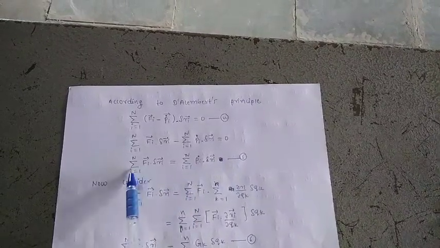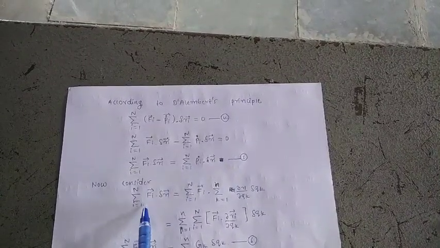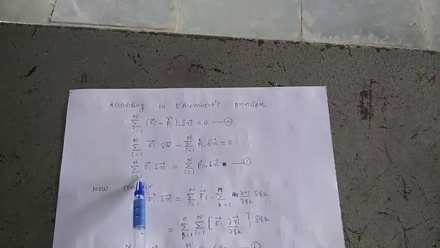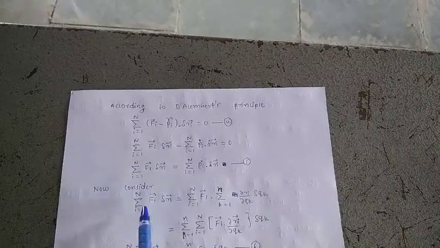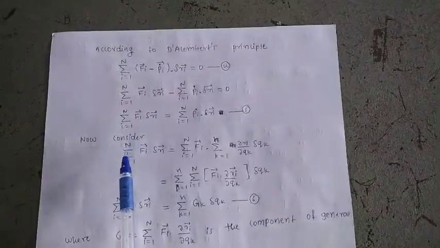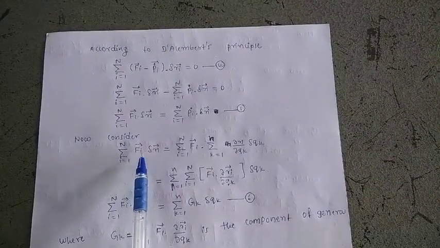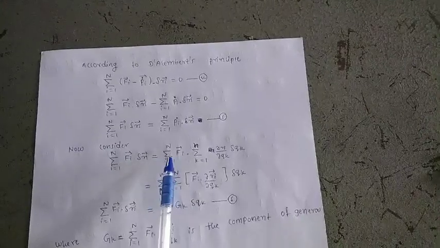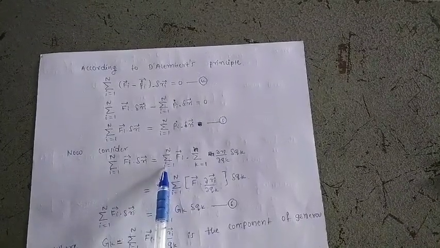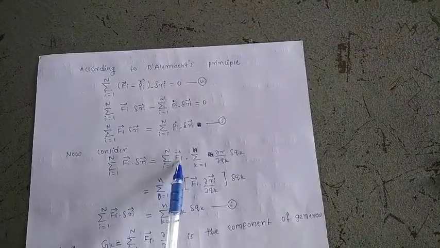Now first we solve the term summation over i is equal to 1 to n Fi delta Ri. We consider summation over i is equal to 1 to n Fi as it is.